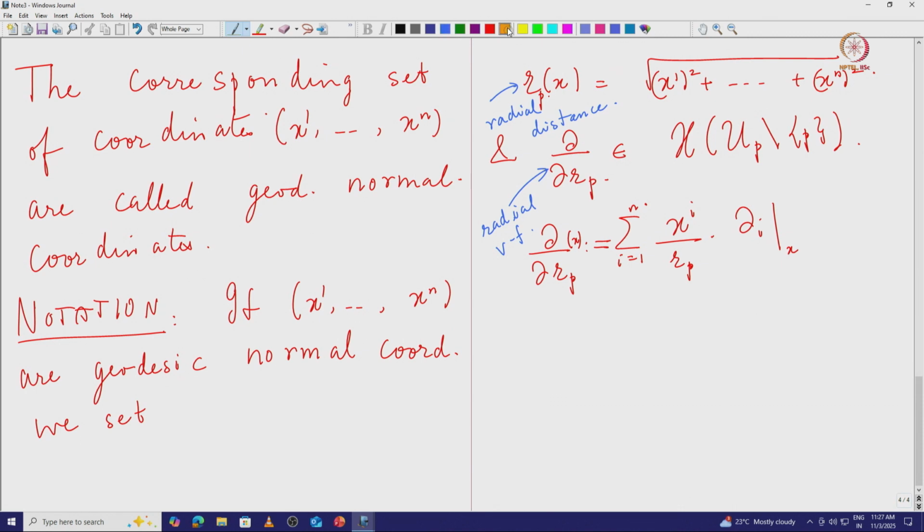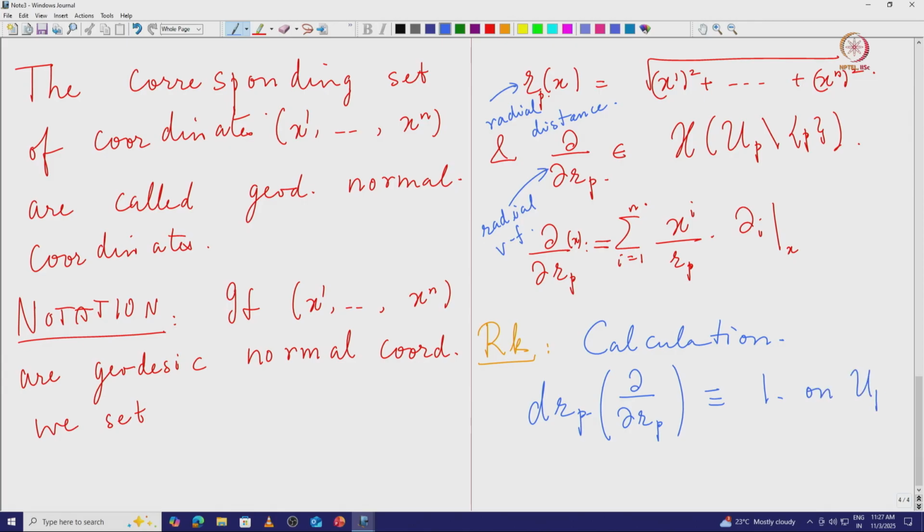But for now let me just remark that by a simple calculation, if you compute the exterior derivative of this radial distance function and apply it to this radial vector field, you get 1 everywhere except of course at P, because at P your radial distance function is not even smooth, and your radial vector field is not even defined at P, right.